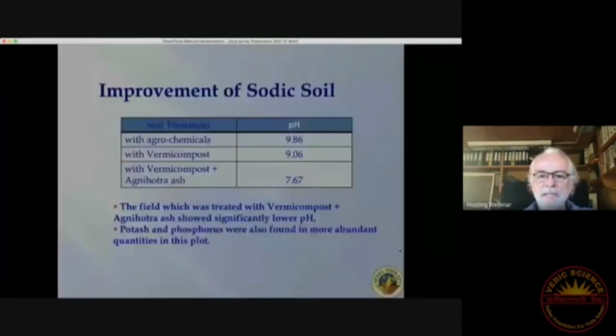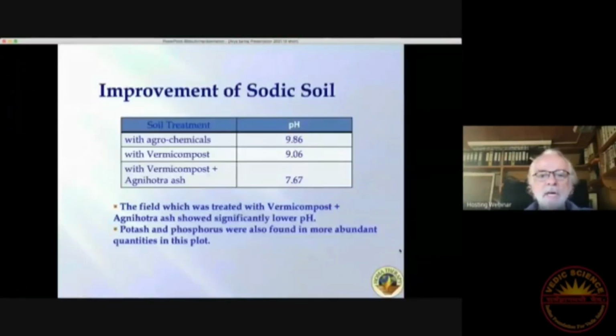And see, after 1 season, the pH in the plot with agrochemicals stayed the same, 9.86. With vermicompost, it came down a little bit to 9.06, but with organic and Agnihotra ash, it came down by more than 2 points to 7.67, meaning nearly neutral. So on this soil, everything can grow.